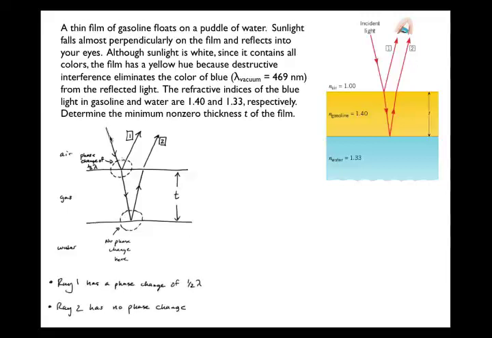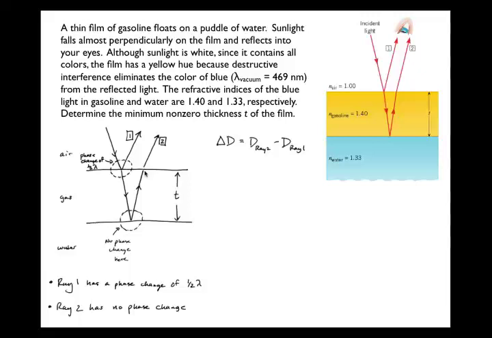Ray 1 in going here and then coming up to the eye, or light path 1, has a phase change of 1/2 of a wavelength right here. Ray 2 has no phase change, but Ray 2 travels a greater distance because it goes through the thickness of the gasoline film twice, whereas Ray 1 does not do that.